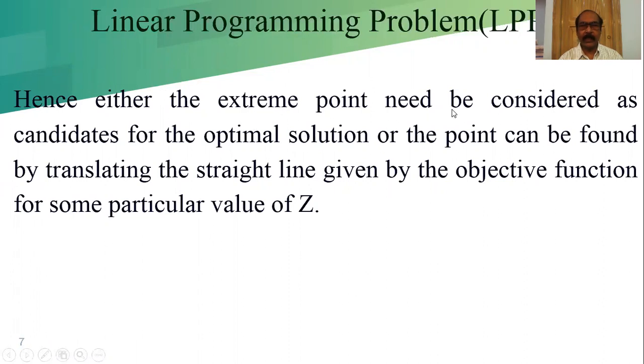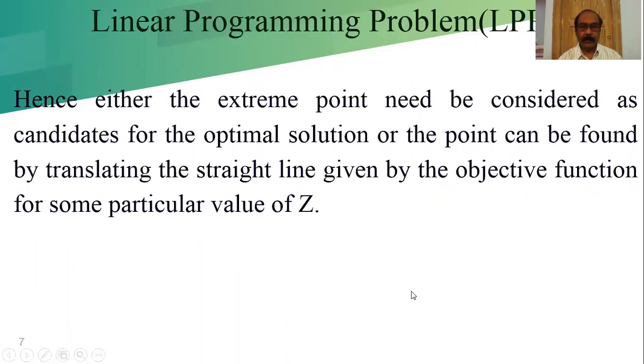Hence, the extreme points, extreme meaning the corner points of the feasible region, need to be considered as candidates for the optimal solution. The optimal point can be found by translating the straight line given by the objective function for some particular value of z. So if we plot the z function, considering it equal to z, that is called the isoprofit line.